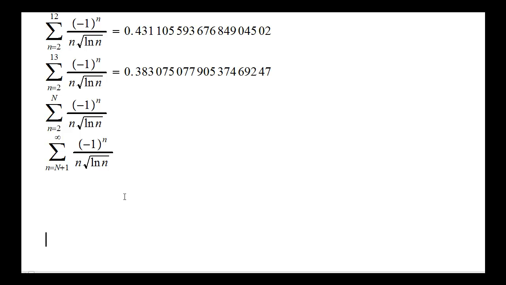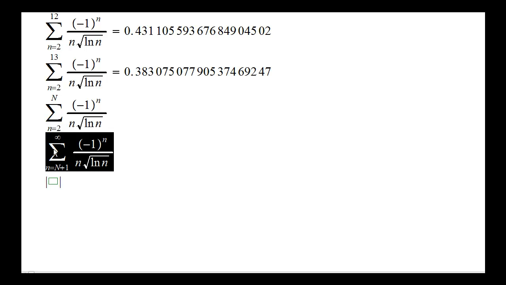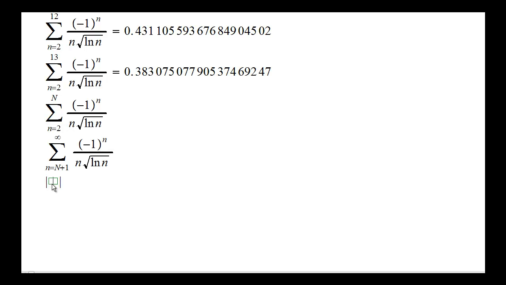Now we have a convergent alternating series, and for a convergent alternating series, the absolute value of this leftover is going to be less than what?